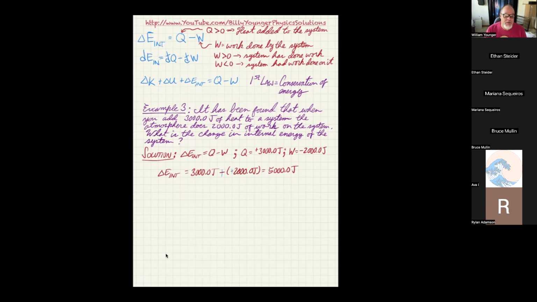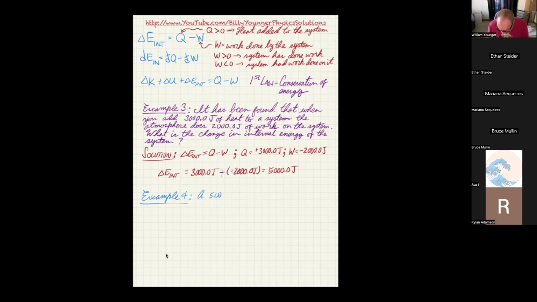You could actually convert kinetic energy into thermal energy. So, for instance, let's do this one. I'm going to do example 4. So this is example 4.